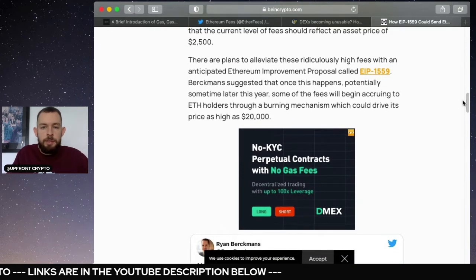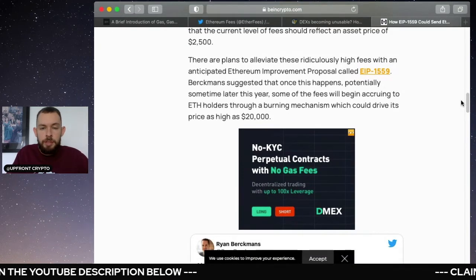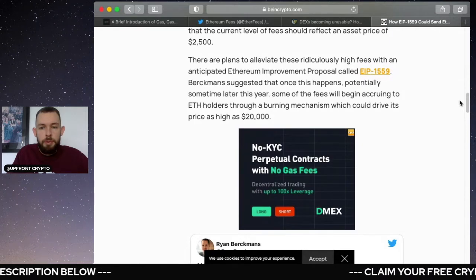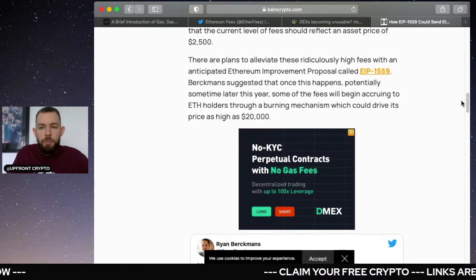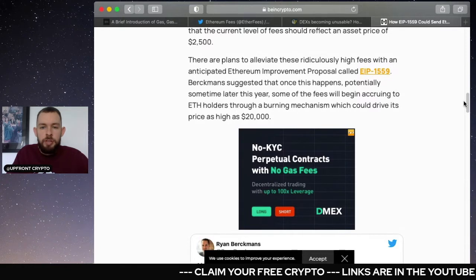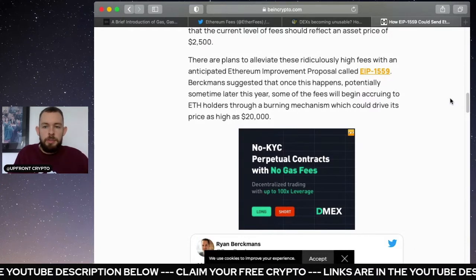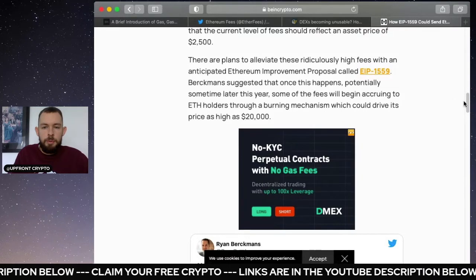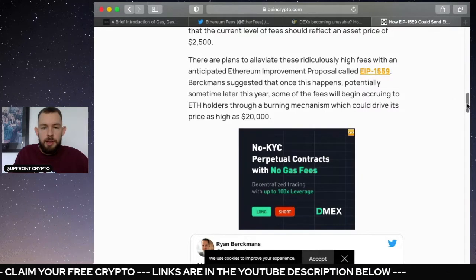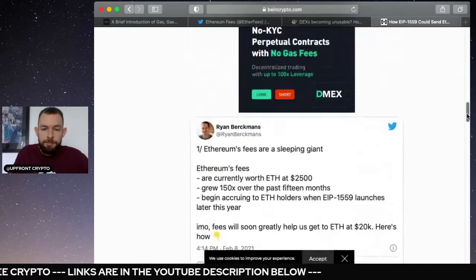There are plans to alleviate these ridiculously high fees with an anticipated Ethereum improvement proposal called EIP 1559. Bertman suggested that once this happens, potentially sometime later in the year, some of the fees will begin accruing to Ethereum holders through a burning mechanism that could drive its price as high as 20k.